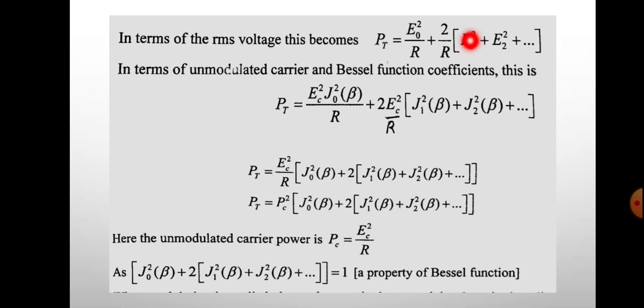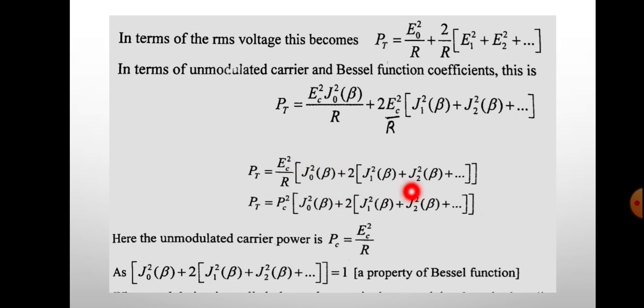Similarly, for E1 square we write Ec square into J1 square of beta, and for E2 square, Ec square into J2 square of beta. Here Ec square by R is common, so we can take it outside. This gives J0 square beta plus 2 into J1 square beta, J2 square beta, etc.